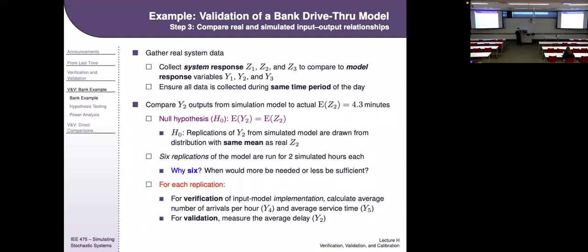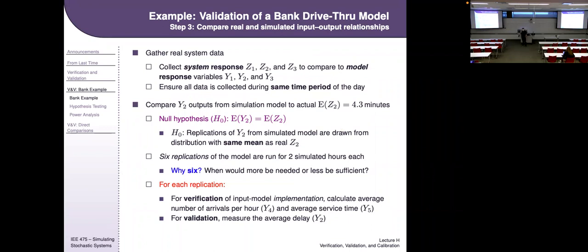Now, following on what we just talked about with the t-test, the idea is that if I take my real data and see that it has a mean of 4.3 minutes, then if I built my sim correctly, my sim's mean should be 4.3 minutes. Because the sim has random outputs, it's not going to be exactly 4.3.